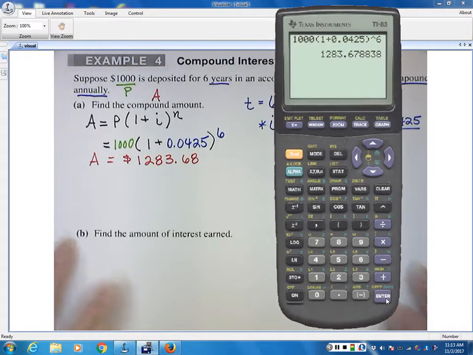And then it says find the amount of interest earned. Just do subtraction. You subtract P, what you started with.